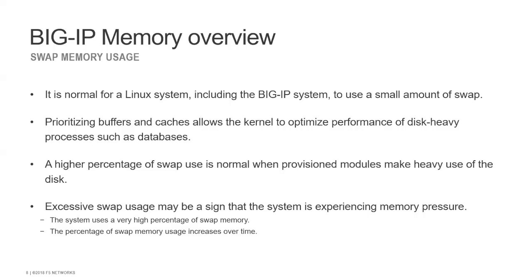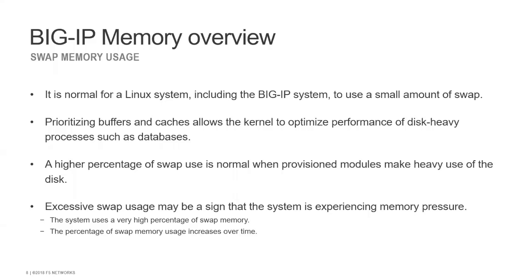A higher percentage of swap use is normal when provisioned modules make heavy use of the disk. These modules, for example, could be AVR or ASM, which handle and write to disk with the database. Excessive swap usage may be a sign that the system is experiencing memory pressure.